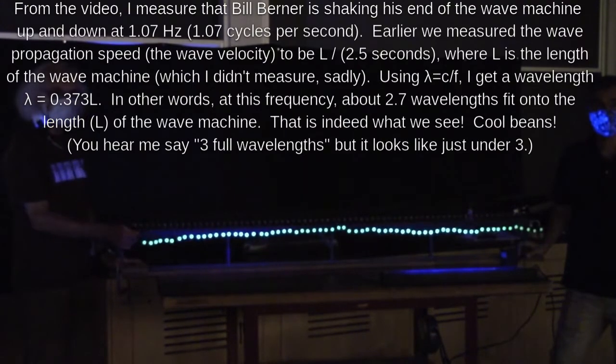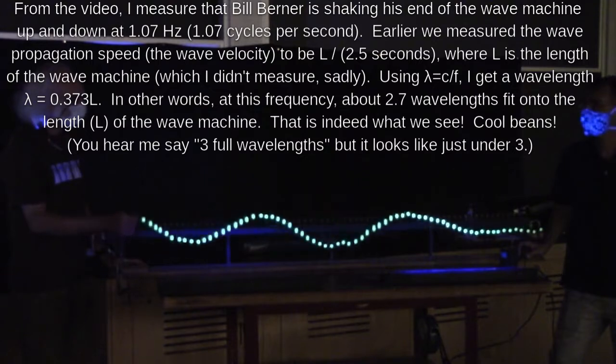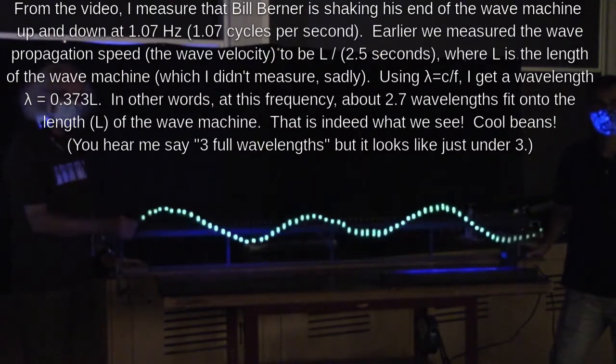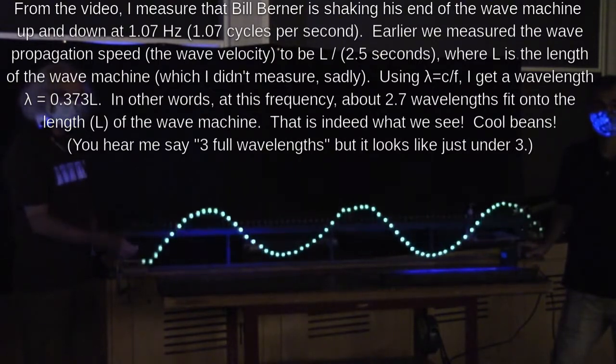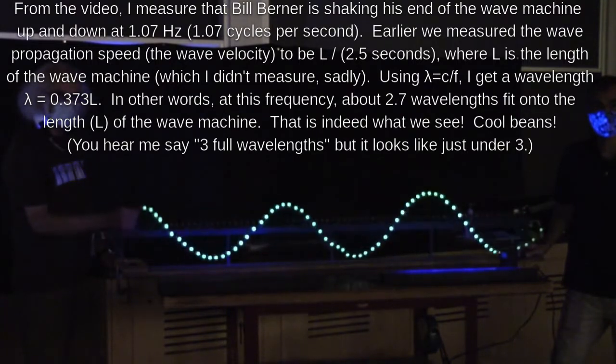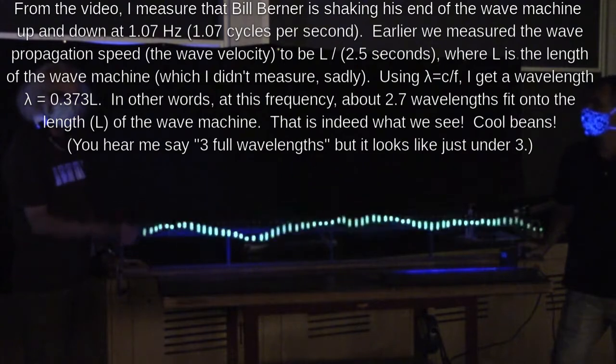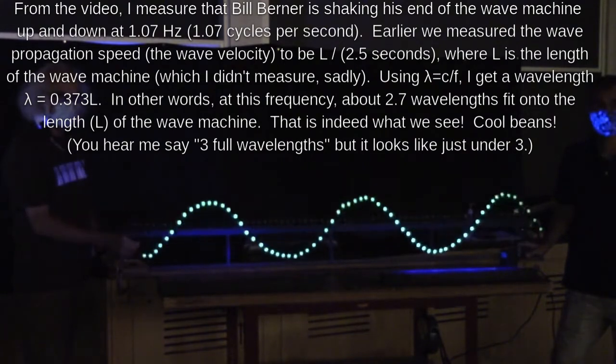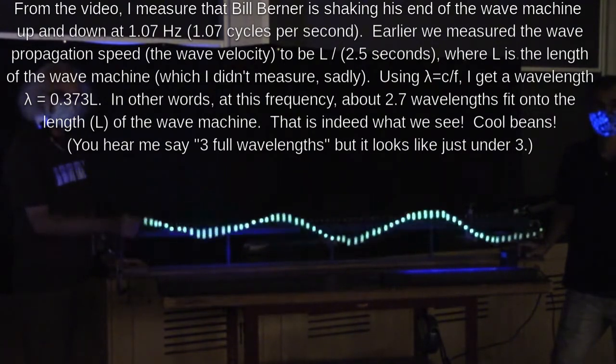Let's try to get some standing waves going. Pretty good standing waves before. Okay, so there we have what, 1, 2, 3 full waves on the machine. That's pretty good.